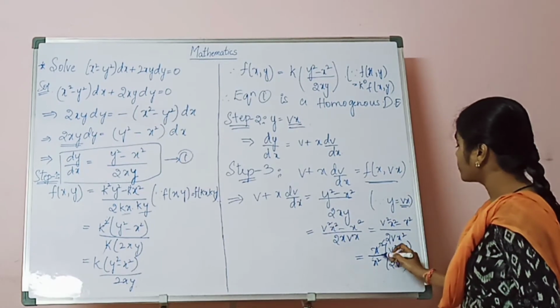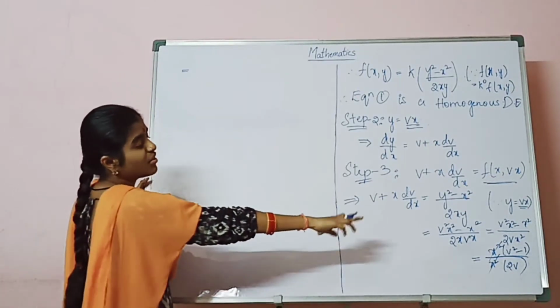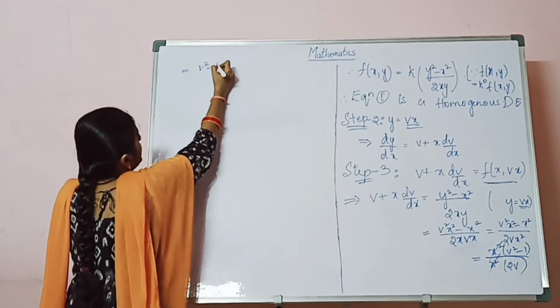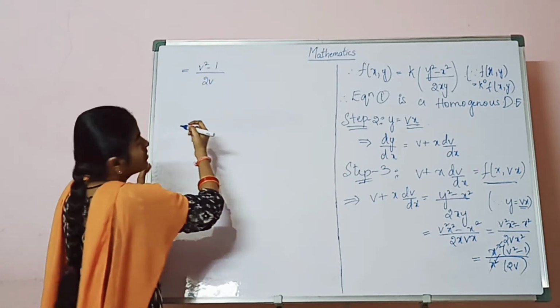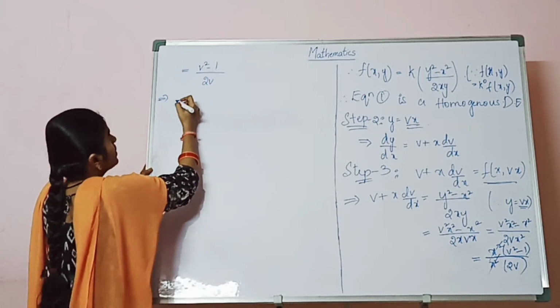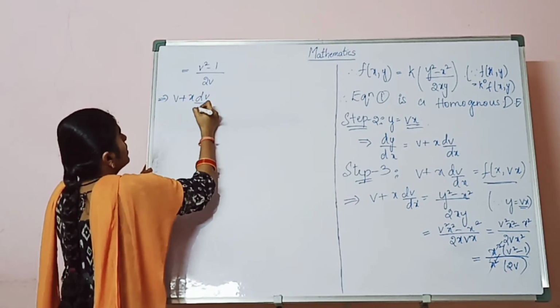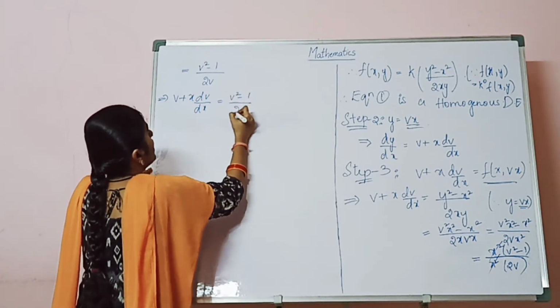Now both the x squares will be cancelled here. After cancelling x square, we will get v square minus 1 by 2v. That implies v plus x into dv by dx equals v square minus 1 by 2v.